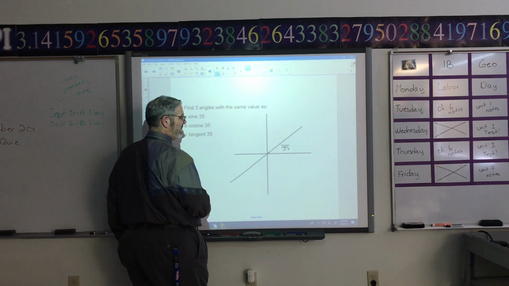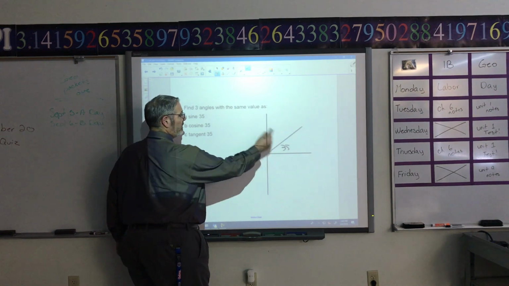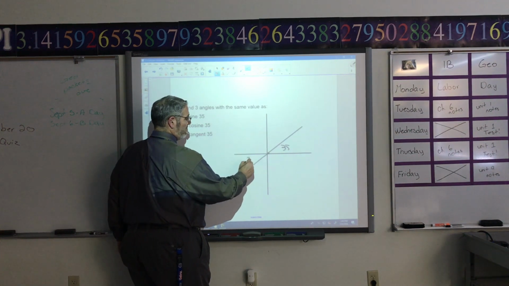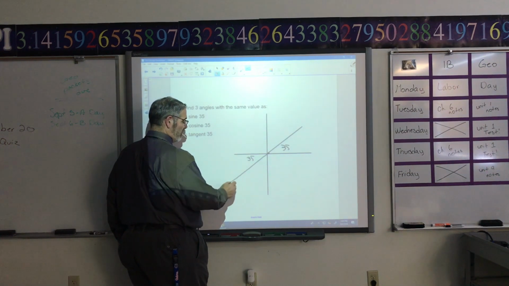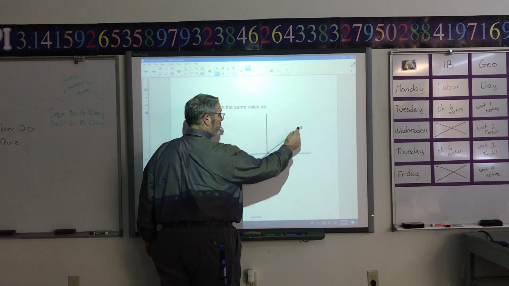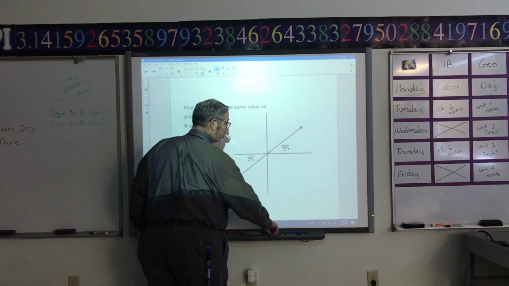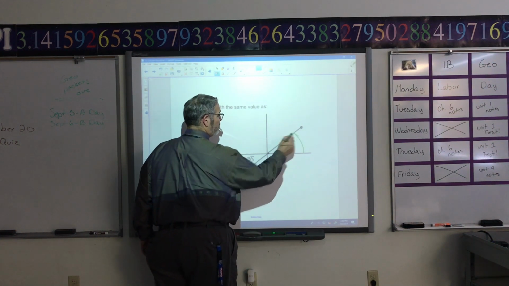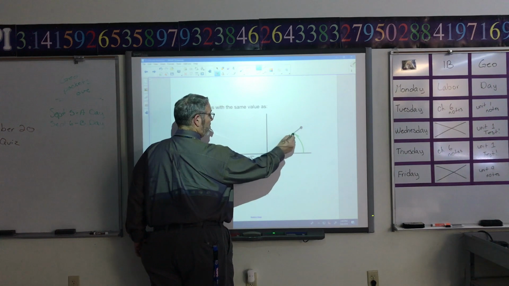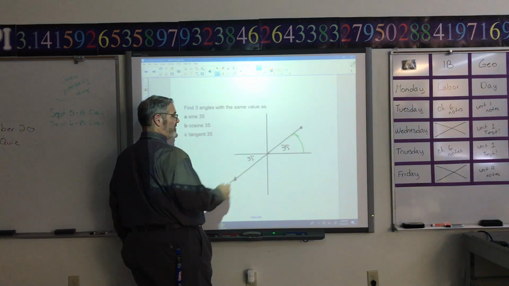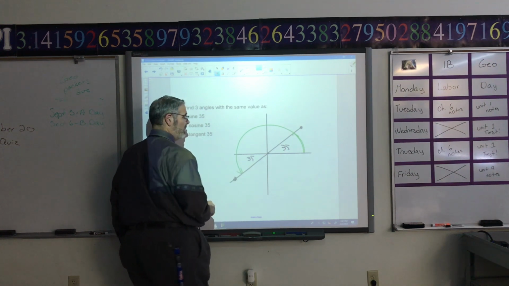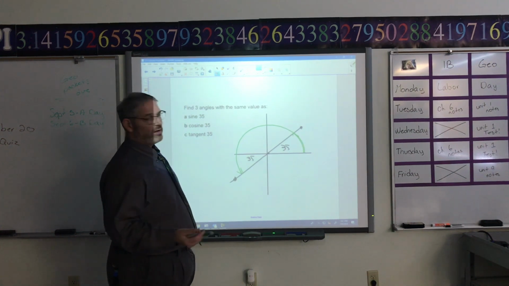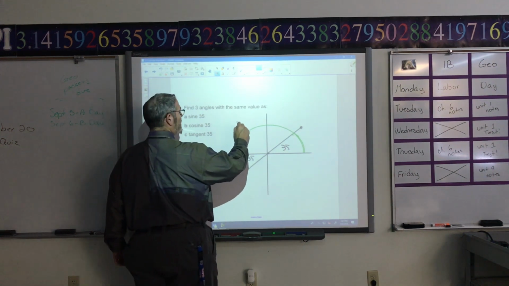Here, 180 degrees away. So this will be 35. So at this point and this point, going in the positive direction, I'm going to be at 35, and then 180 plus 35, which will be to here. Well, 180 plus 35 is 215.